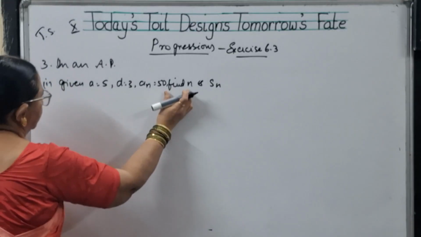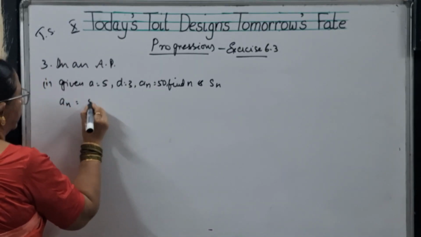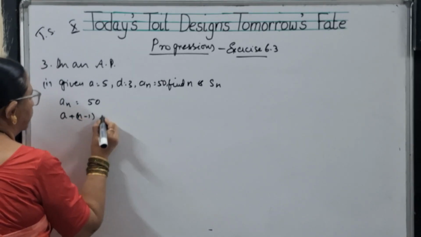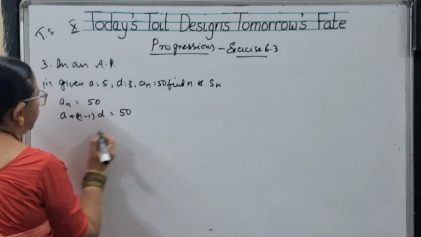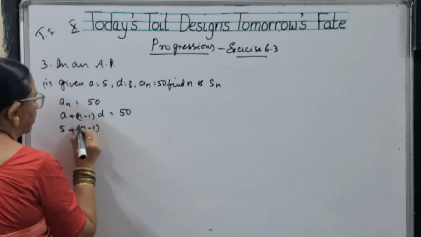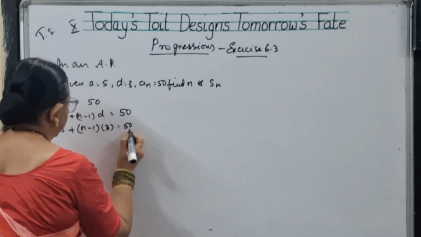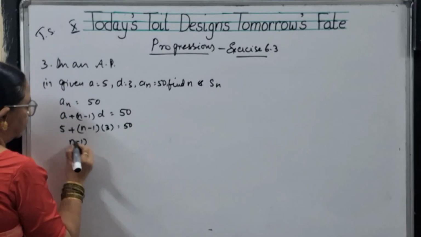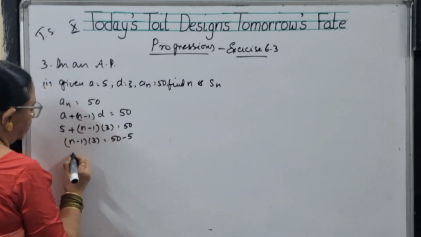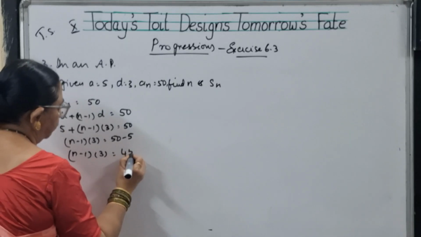So first we will find out n. an is given as 50. That means a plus (n minus 1) into d is equal to 50. Here a they have given 5, plus (n minus 1) into d, which is 3, is equal to 50. That means (n minus 1) into 3 is equal to 50 minus 5, which is 45.